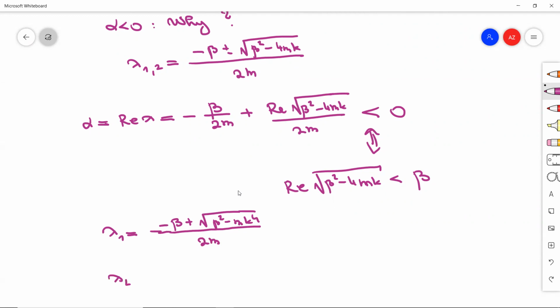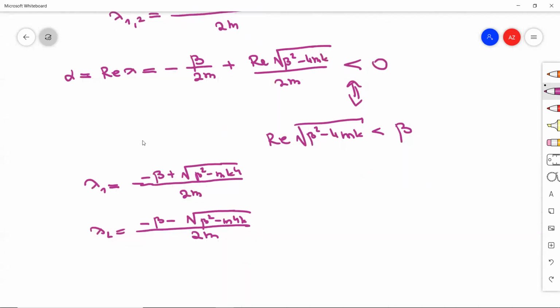And lambda 2 is (-beta - square root of beta squared - 4mk) over 2m. So how would we see that alpha is negative? This is the explicit formula for lambda 1 and lambda 2.